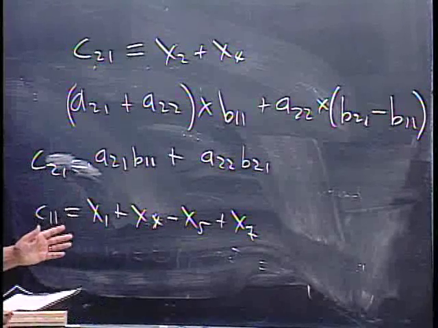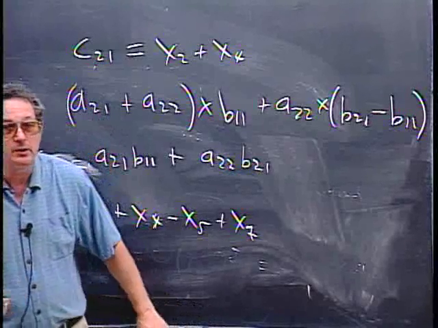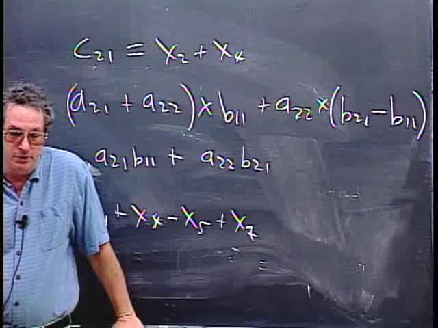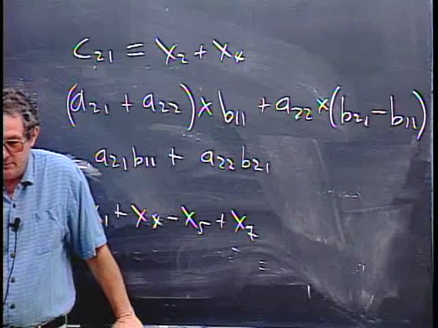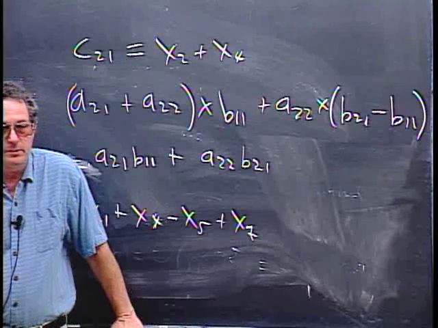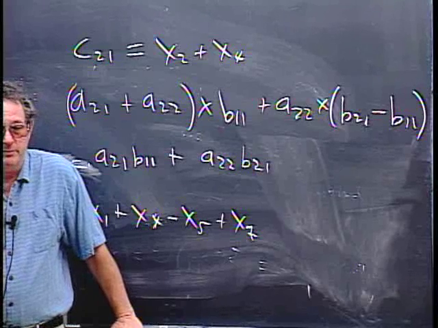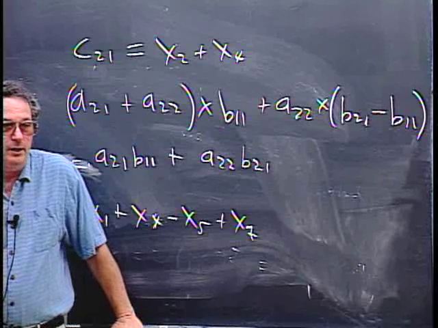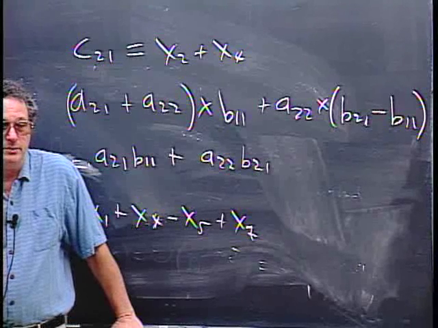And now, let me just say one thing. In this class, we're using the Kleinberg and Tardos book. It does not discuss Strassen's matrix multiplication method. However, the book that had been previously used for this class, Cormen, Leiserson, Rivest, and Stein, does cover in detail Strassen's matrix multiplication.